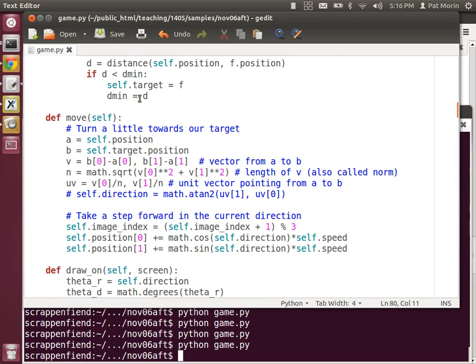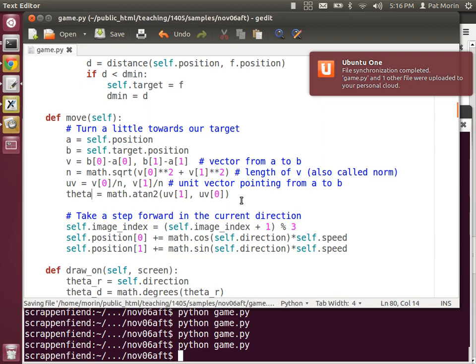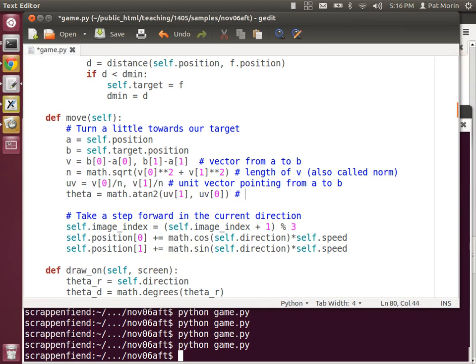Okay, so now we're back to computing this vector when we're moving. And that's because now we're going to keep a direction, our own direction, which is not necessarily pointing directly towards the target, so we want to keep doing that.